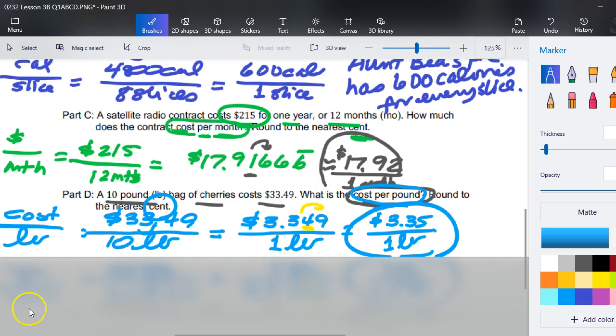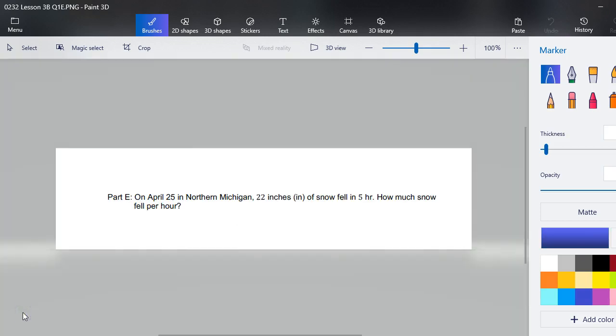So finishing up question 1 with part E, we have a date, we have a place, we have snow and an hour, and then it says how much snow fell per hour. So snow per hour.